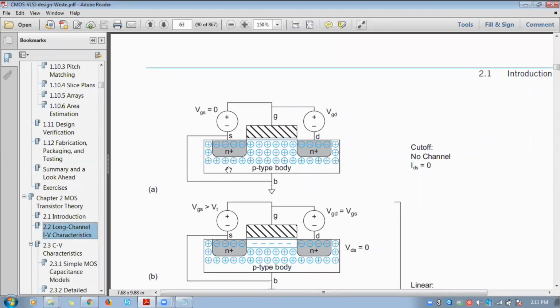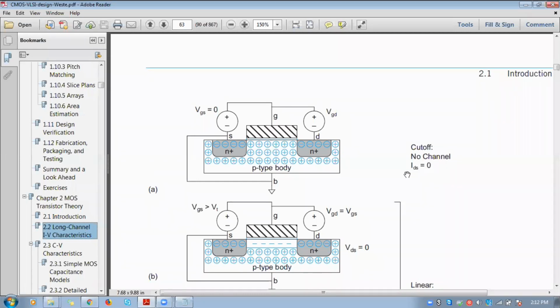If you see here, in the cutoff region, the gate-to-source potential is initially zero. When we apply zero voltage, as specified earlier, no positive or negative charge is applied at the gate. So nothing is happening here, no channel formation, so no conductivity.